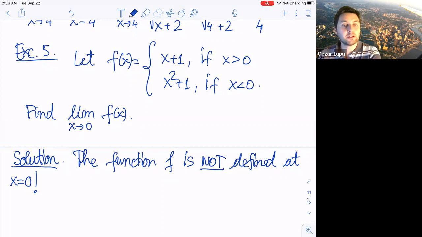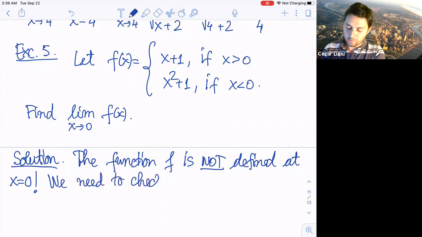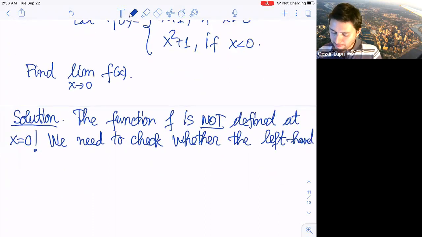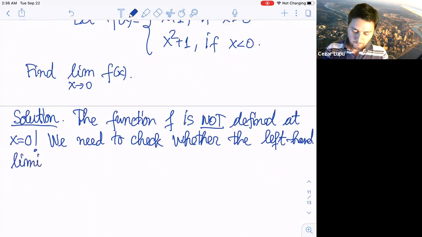What we should do is that we need to check whether the left hand limit is the same as the right hand limit.